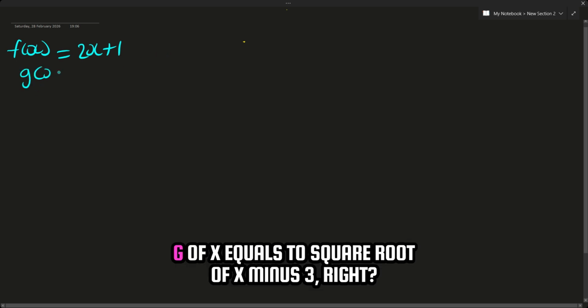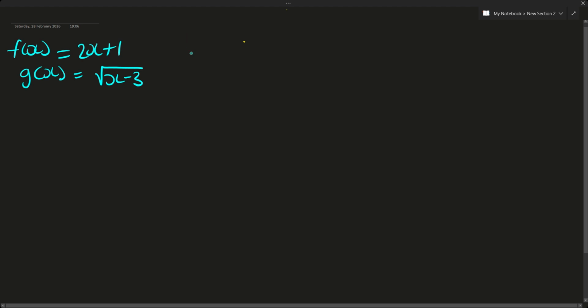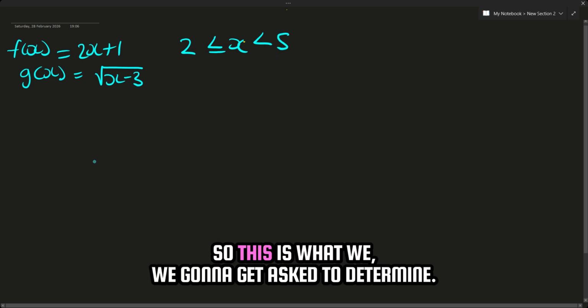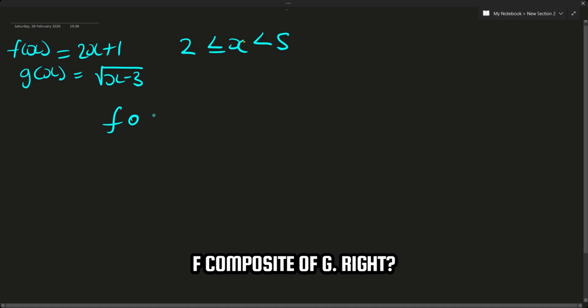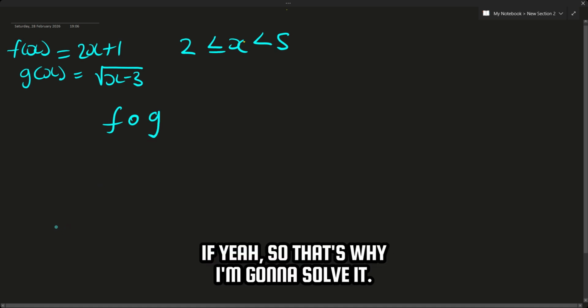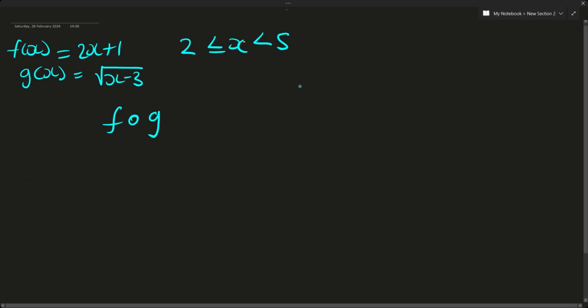And g of x equals square root of x minus 3, right? 2 less than or equal to x minus 3 less than 5, right? So this is what we're going to get. We're asked to determine f composite g, right? So this is how we're going to solve it.